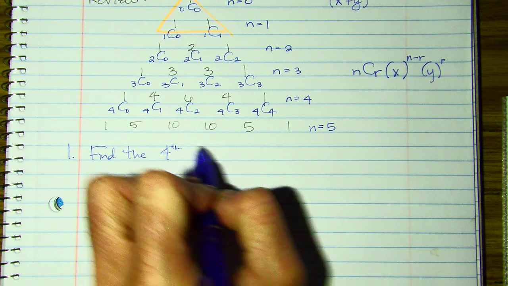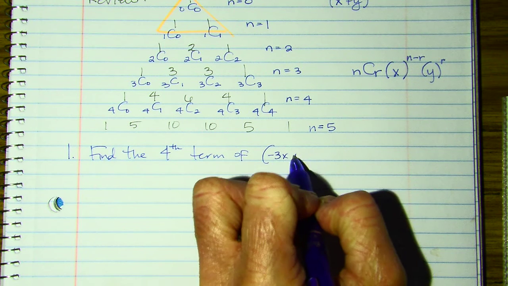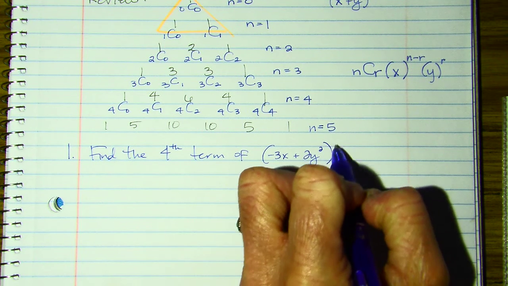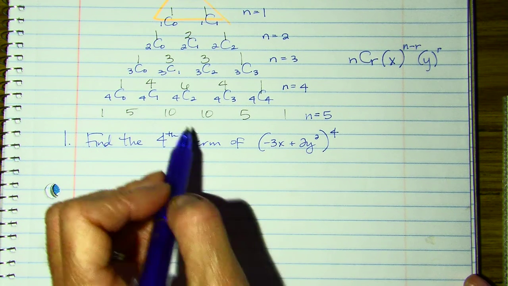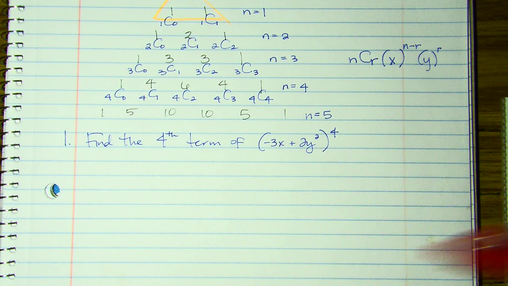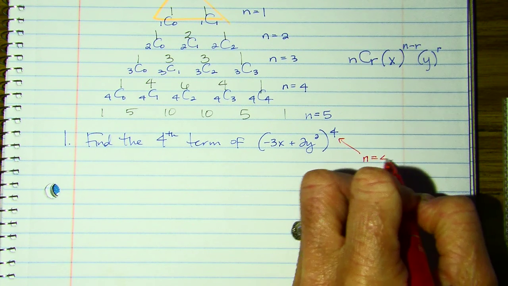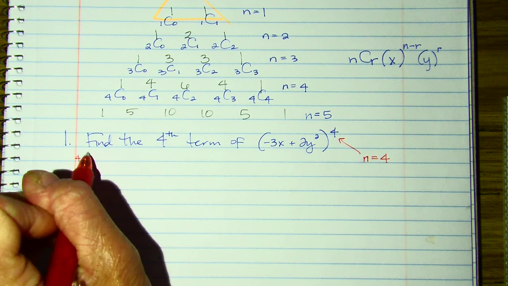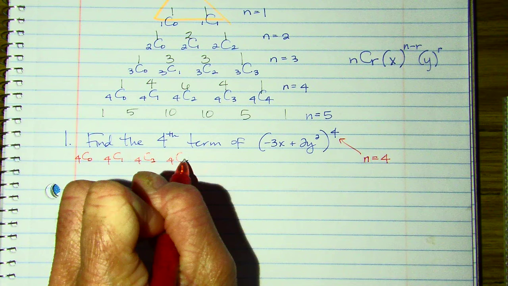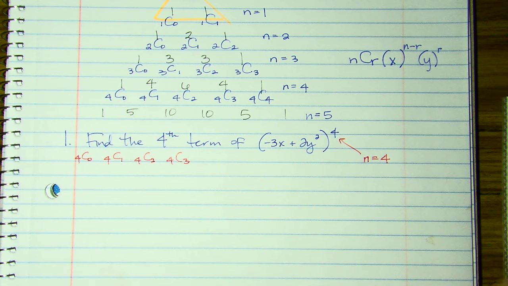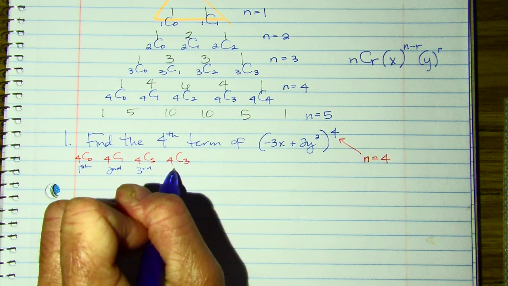Find the 4th term of negative 3x plus 2y squared to the 4th power. So I can identify n. N equals 4. So I know that I have 4c0, 4c1, 4c2, 4c3, and I'm going to stop there because this is the first, second, third, fourth.